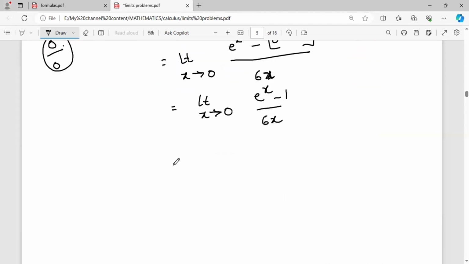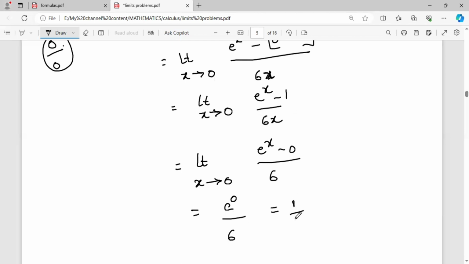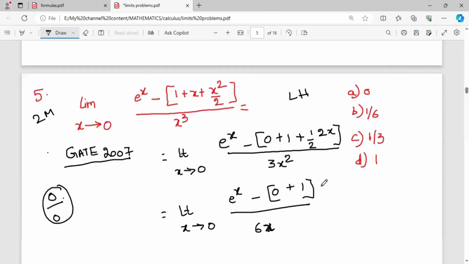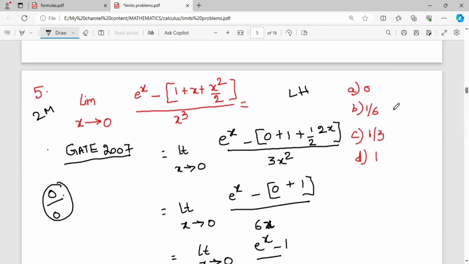So again apply the L'Hospital rule: e power x, minus 1 differentiation is 0, by 6x differentiation is 6. Now substitute 0: e power 0 by 6, e power 0 means 1, so 1 by 6. It is the answer. We observe the options: 1 by 6 is the correct answer.